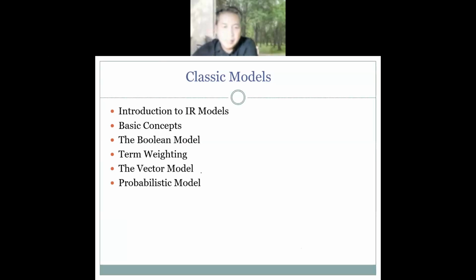The most important part is this one, because the model starts with this basic concept, and then throughout the progress of the models, we will go into the vector model, and also the last one is this one. The reason they keep developing new models is that the earlier models cannot capture some of the important terms in the document. So they keep improving the model.